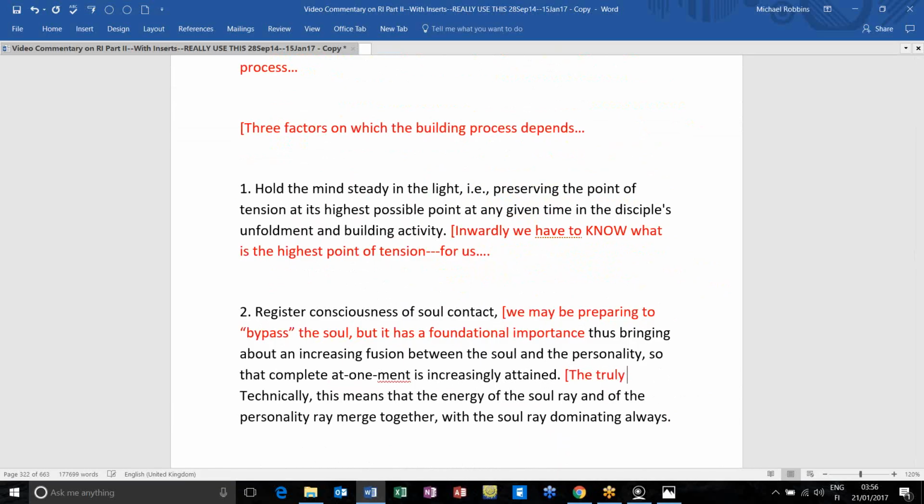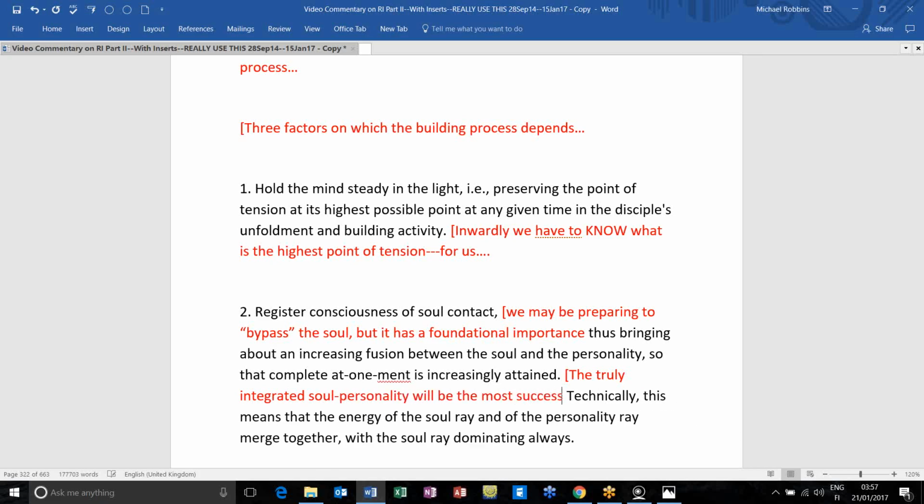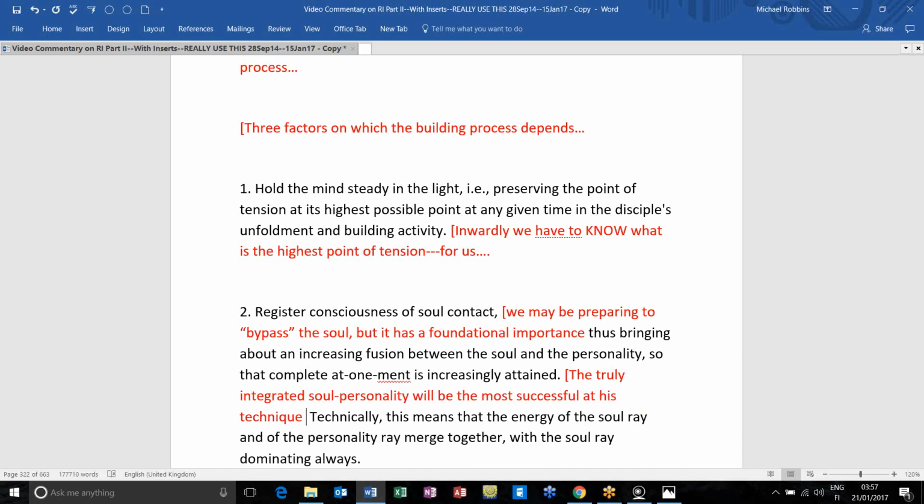So the truly integrated soul personality will be the most successful at this technique. Technically, this means that the energy of the soul ray and of the personality ray merge together with the soul ray dominating always.